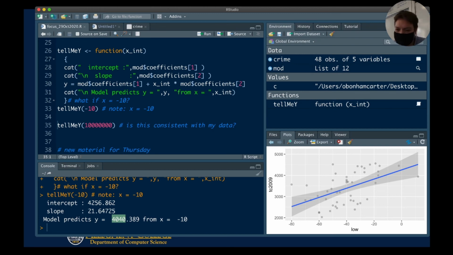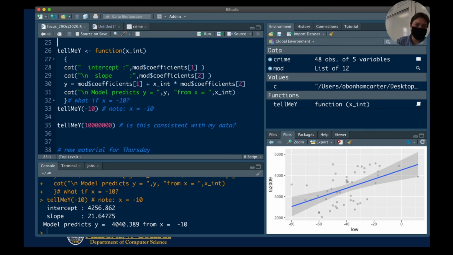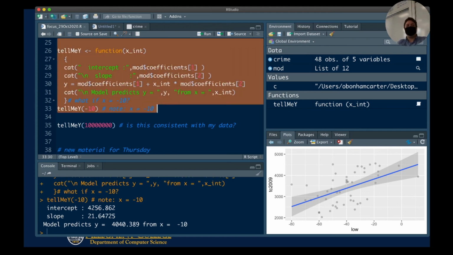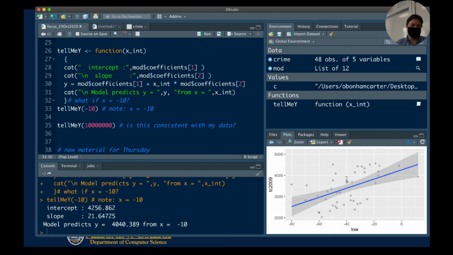Of course, you can't see that value in the plot, but that's about where the point is. So this code that I've just shared with you allows you to make a prediction and ask, what happens if my point is minus 10?